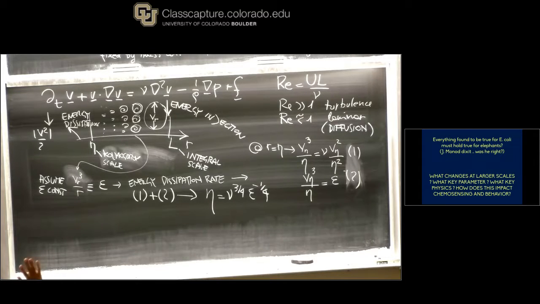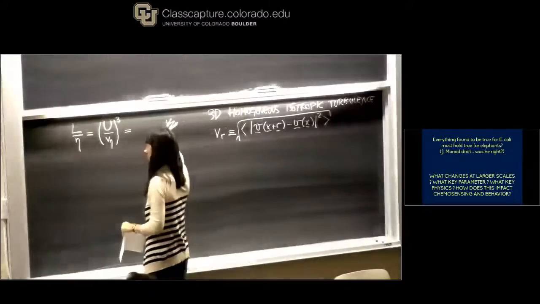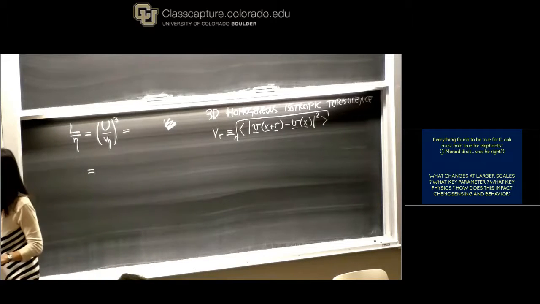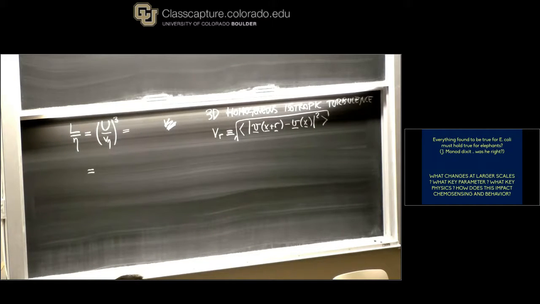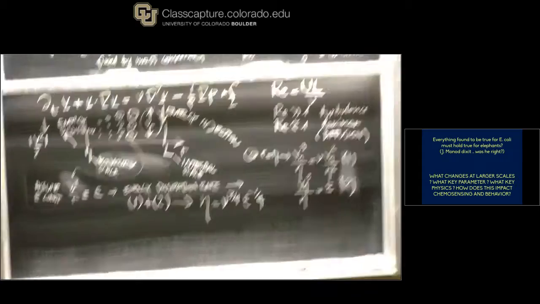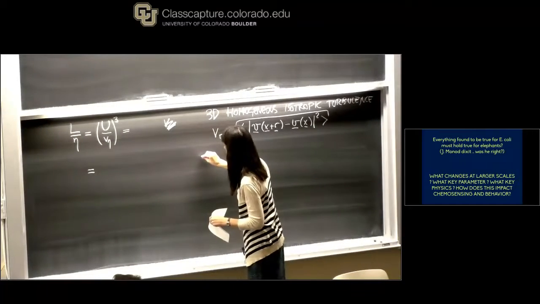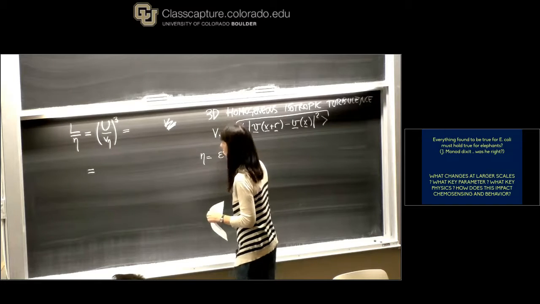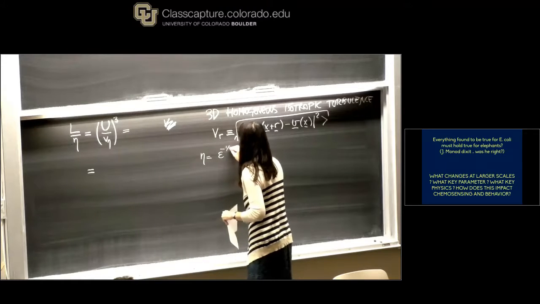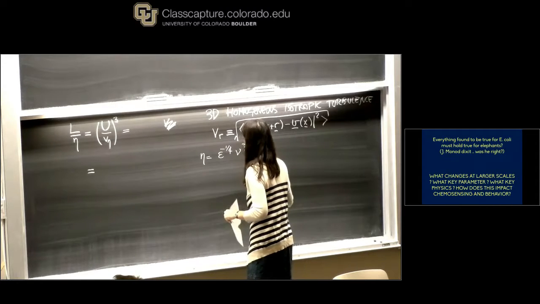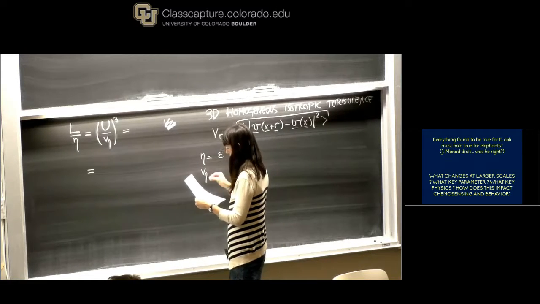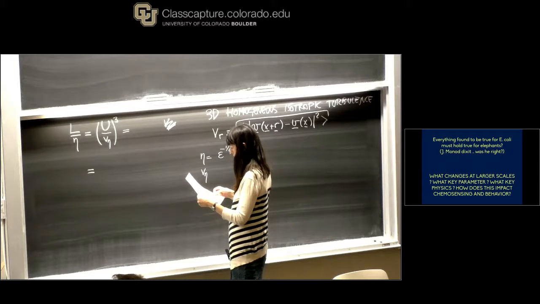Okay, so let's just finish this argument, and we'll keep going tomorrow. So U divided by V, so we have eta, and from this relation we can get V and tau eta. So let me write this down. We have eta, which is epsilon to the minus 1/4 nu to the 3/4, and then we can get V eta from, what's the best argument?